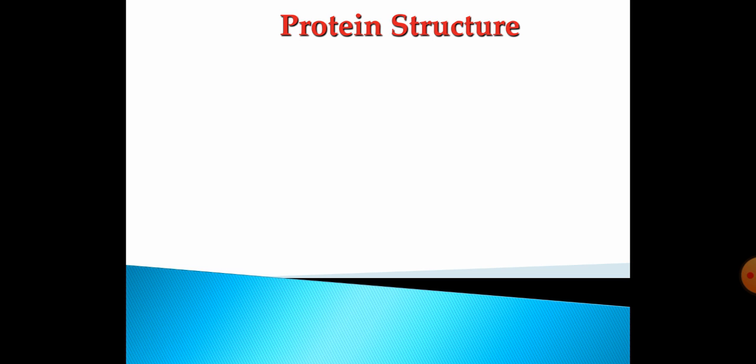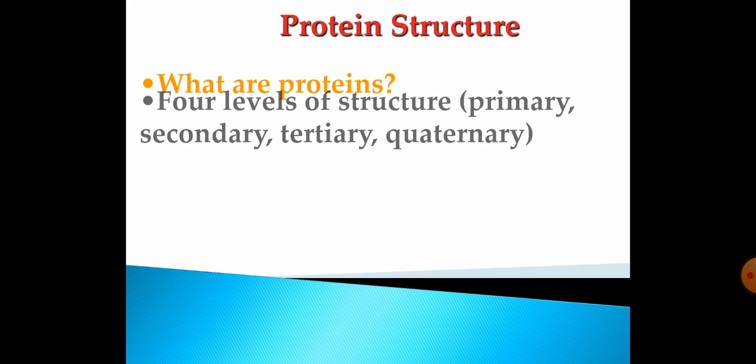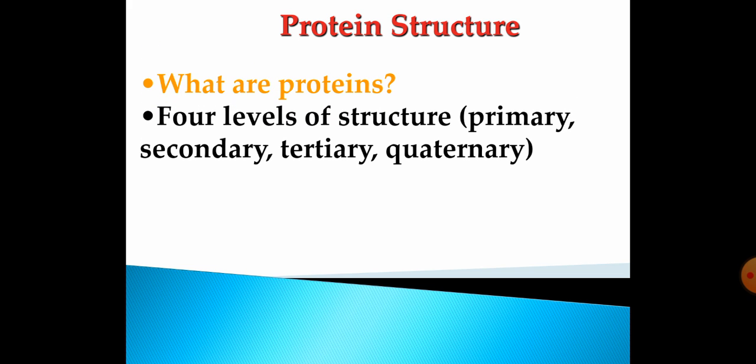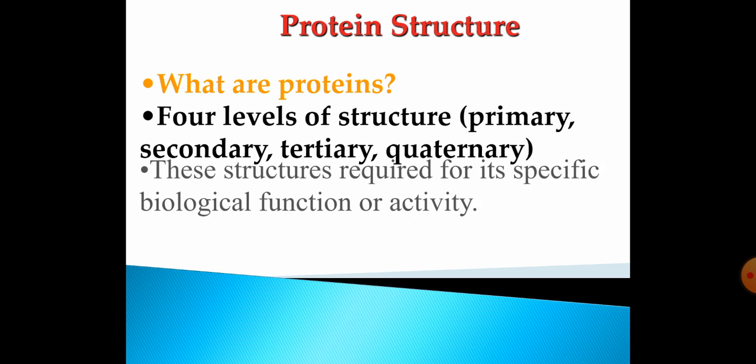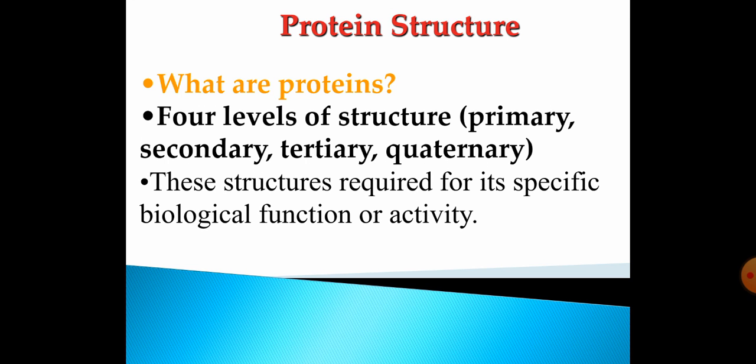That's almost a revision for me, but here is the beginning of the lecture. We talk about protein structure. Protein structure is very important. What are proteins? I told you, proteins are polymers of amino acids. There are four levels of structure: primary, secondary, tertiary, and quaternary structure of protein.